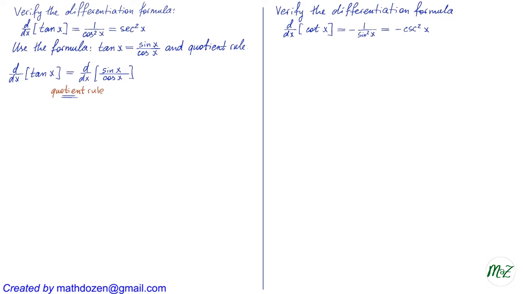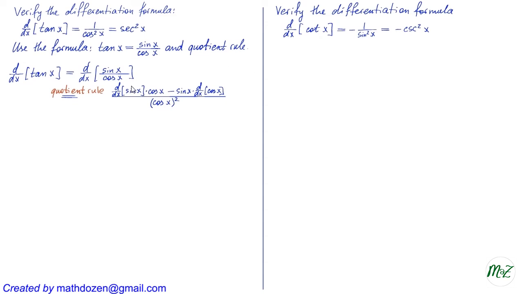And according to the quotient rule, we're going to have the derivative of the top times the bottom. So I get the derivative of sine times cosine, minus top times the derivative of the bottom. So it's minus sine times the derivative of cosine. All of that over bottom squared. So we have cosine x squared. That's the setup.